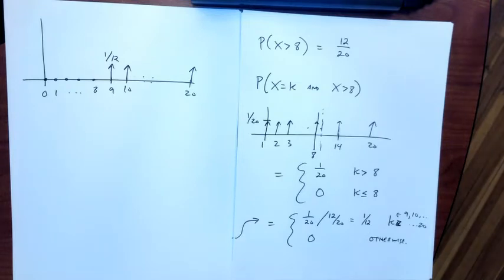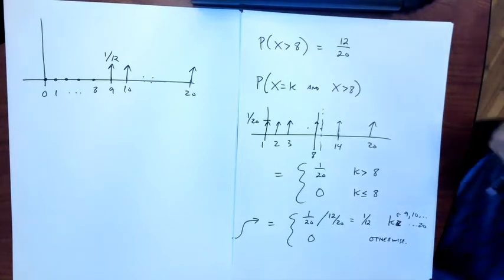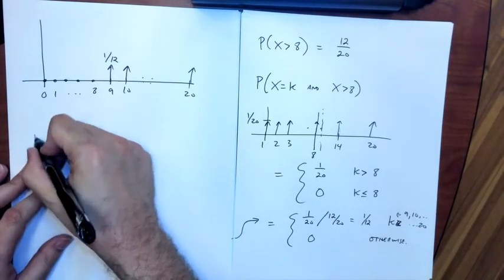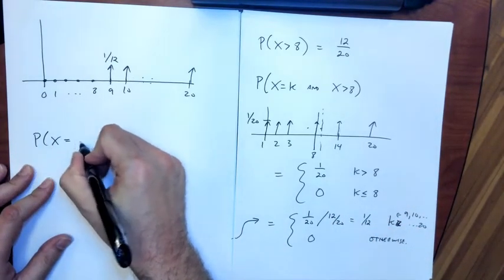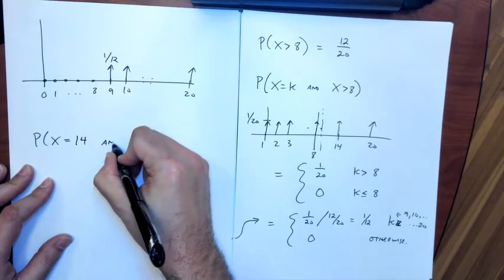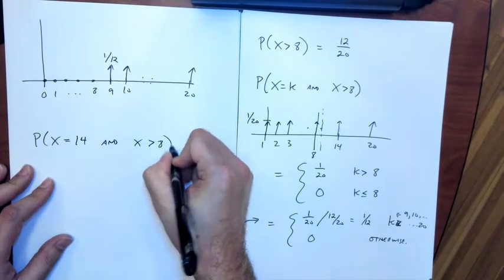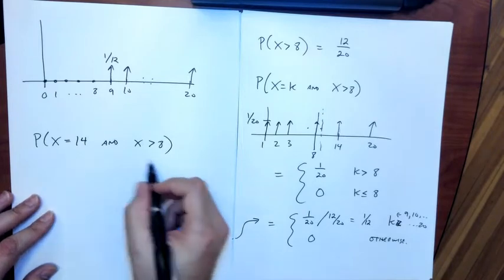Is P of x equals k and x is greater than 8 just 1/20? Right, well, it's 1/20. Let me be explicit. Suppose I have a specific value, like P of x equals 14 and x greater than 8.